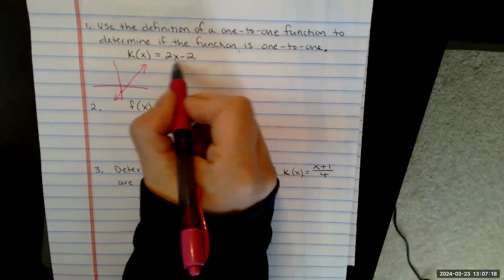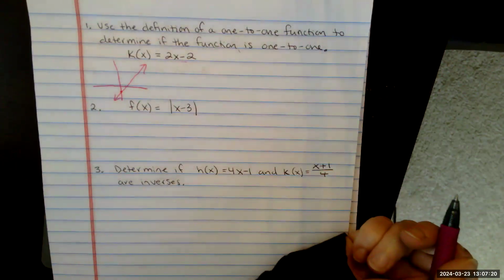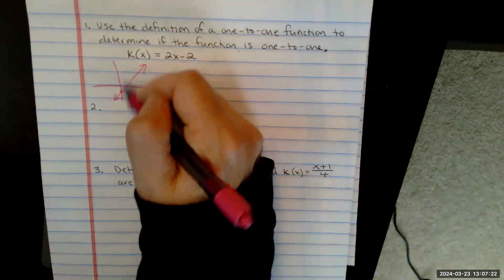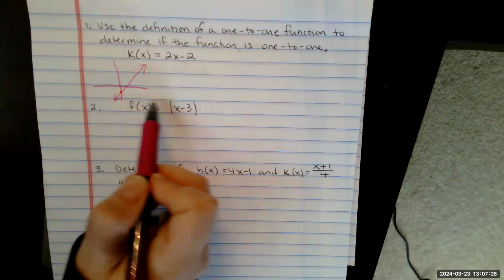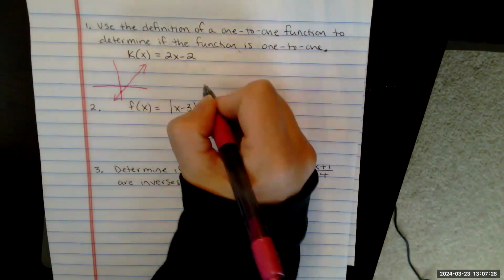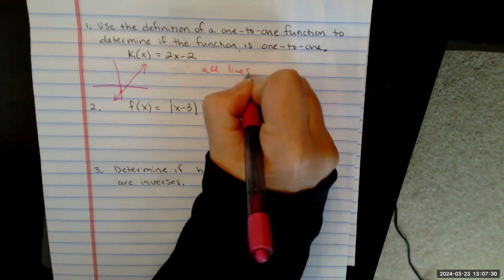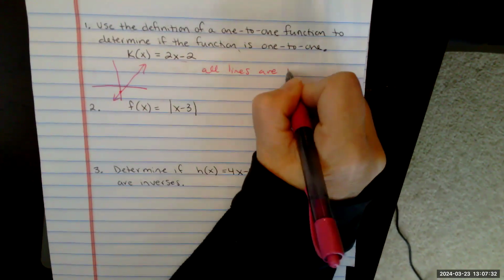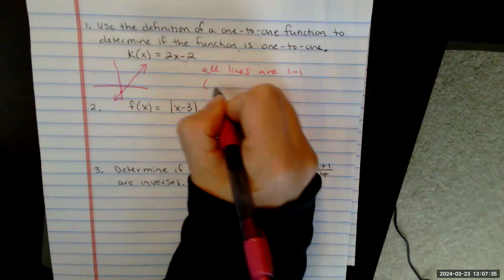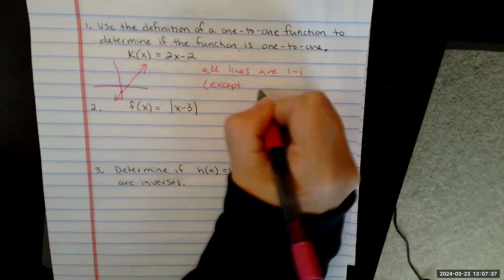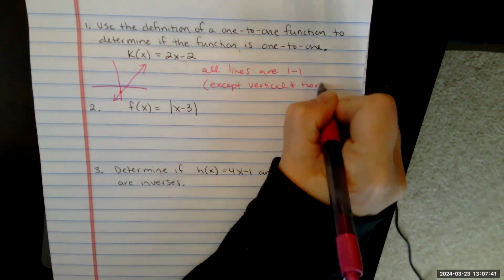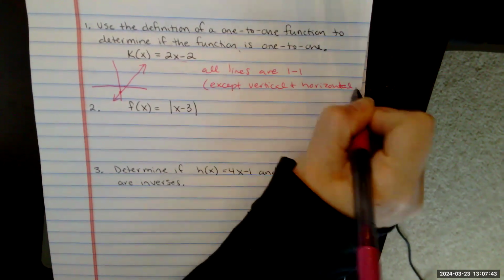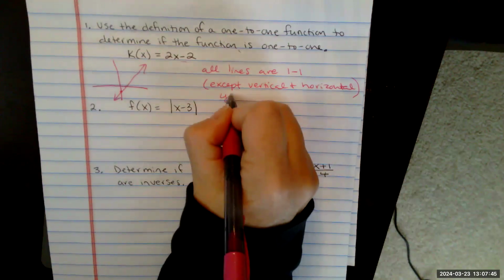This is a linear equation, so it's a line. All lines are functions. You're never going to cross more than once. And if I did horizontal line tests, same thing. So all lines are one-to-one except vertical and horizontal lines. Okay, so this one is a yes.